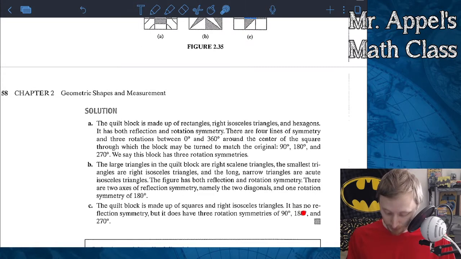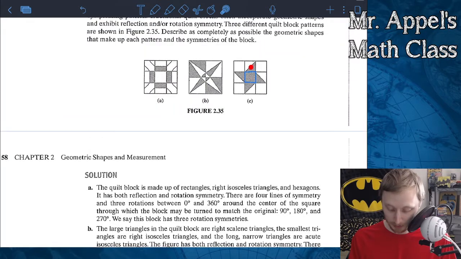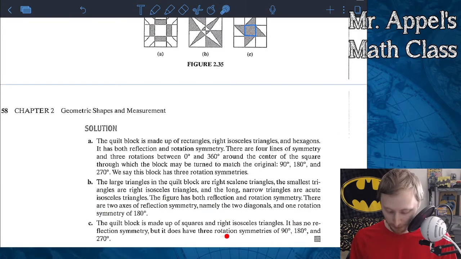But unfortunately it has no reflection symmetry because of that off nature. This is going that way, that goes this way, and so I get no perfect reflections. But it does have 3-fold rotation symmetry of 90, 180, and 270 degrees.